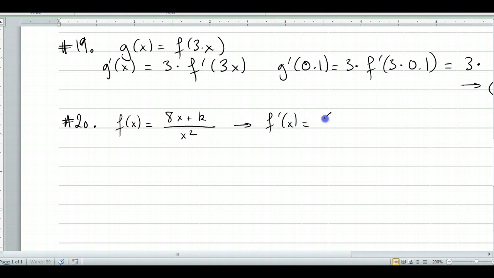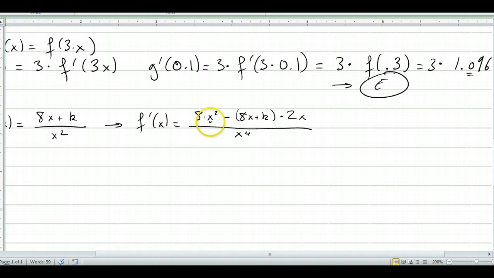So u prime v minus uv prime over v squared. 8x squared minus 16x squared, so it is negative 8x squared.